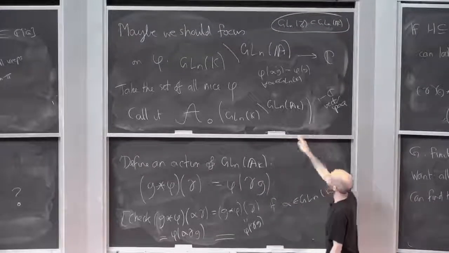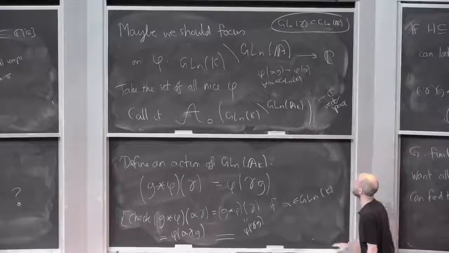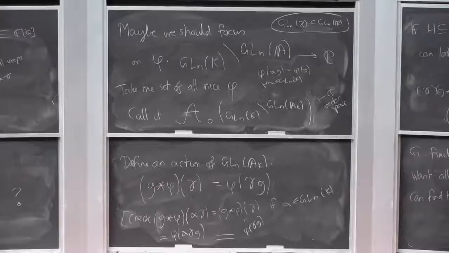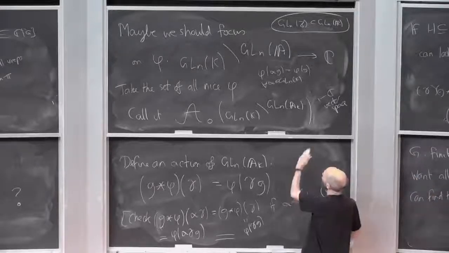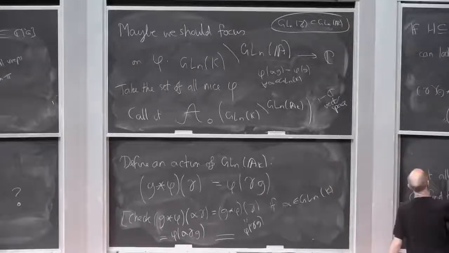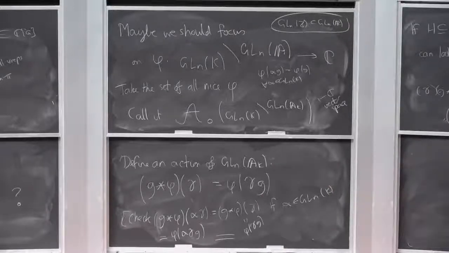So this space here of nice maps phi has the right feeling, right? If G is GL1, then it's kind of good. It looks good because we've somehow quotiented out, right? Maybe. E.g. n equals 1, maybe a Grössencharacter will be nice. Right?